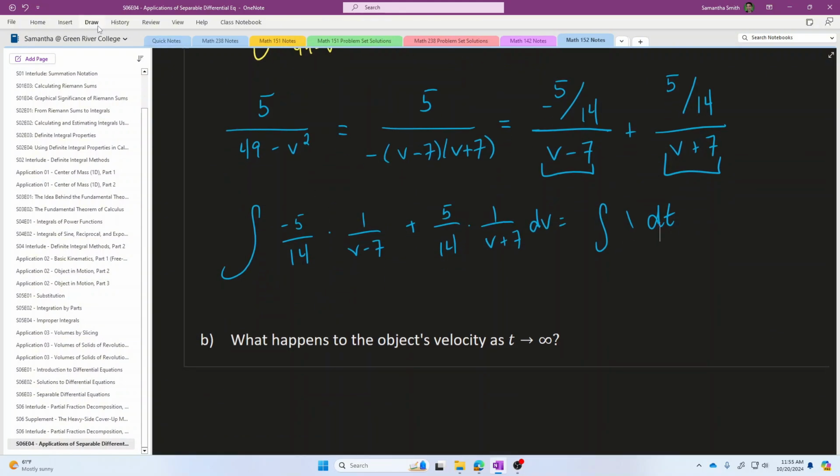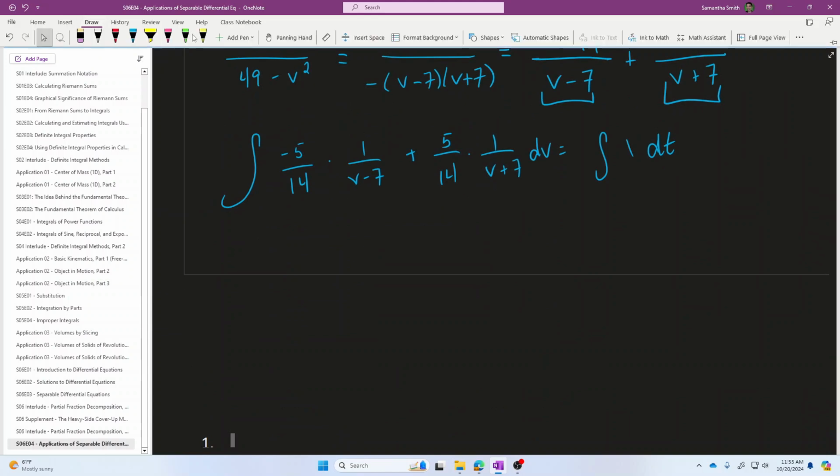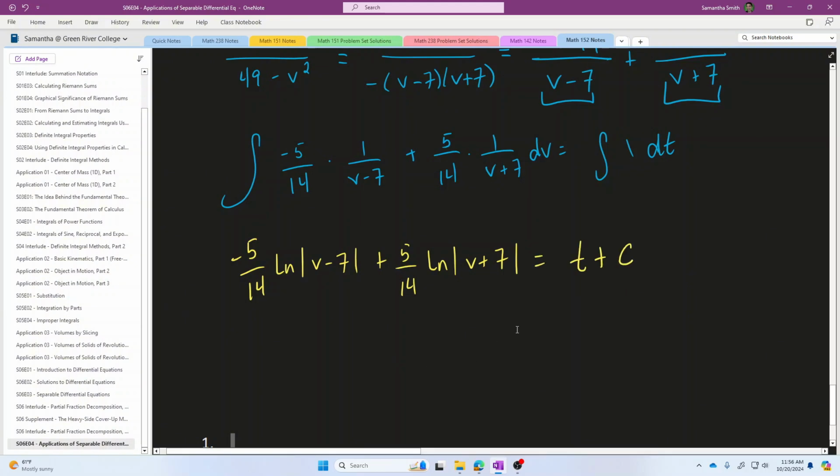And now I can calculate that integral on the left-hand side using just simple substitutions, giving me, in the end, negative 5 over 14 natural log, positive 5 over 14 natural log, is equal to t plus some unknown constant.